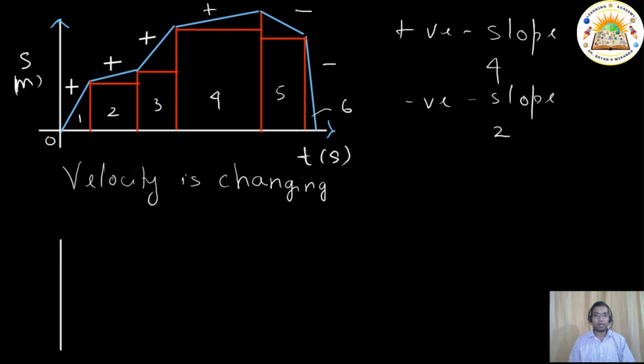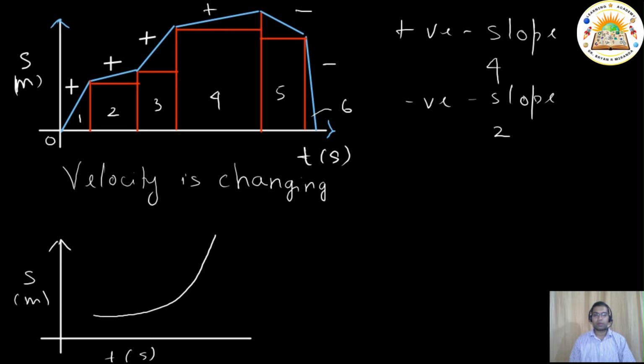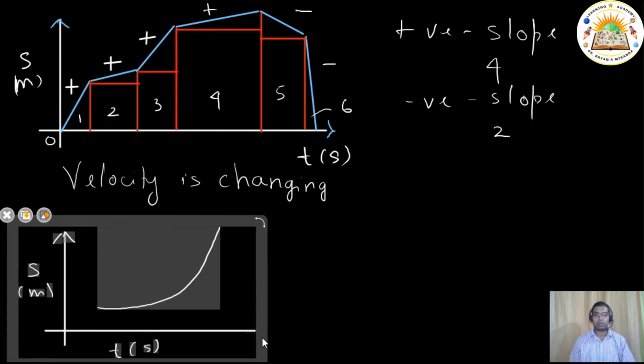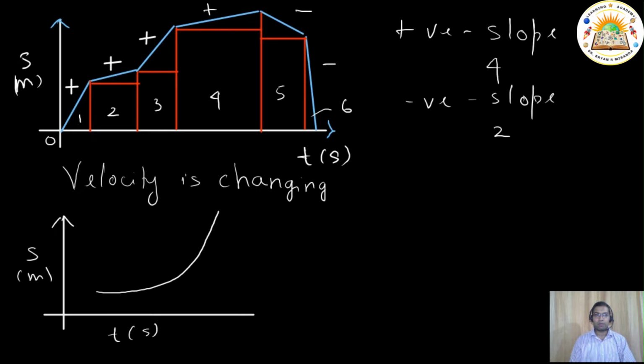Now we can take another graph which looks like this. So we can have multiple displacement time graphs. We can have a graph which looks like this. Here you can see that there are no cuts like in the previous one. Again, this is also a graph where we can tell that velocity is changing.